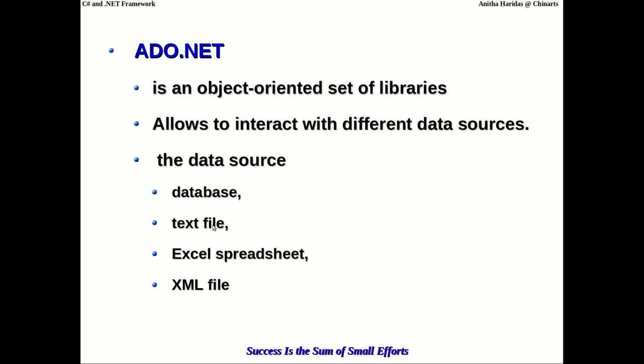What are the different data sources that you can connect? Using an ADO.NET object, you can connect to your database, something like PostgreSQL or MySQL. Or ADO.NET can be connected to a plain text file. Say, for example, in a folder you have 10 different text files. You want to retrieve some data from the text file, or create some data in the text file. That can also be done. Or even if you want to update a text file using an ADO.NET object, you can do that.